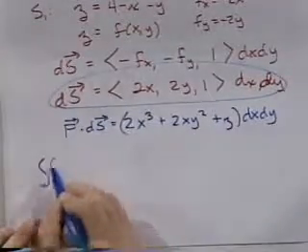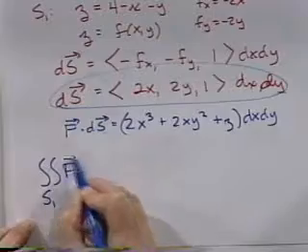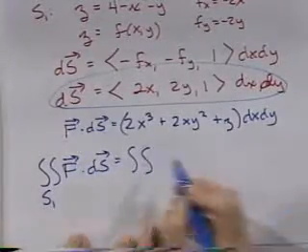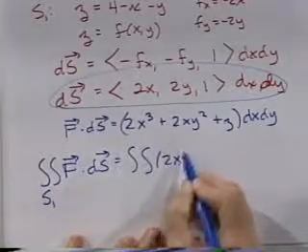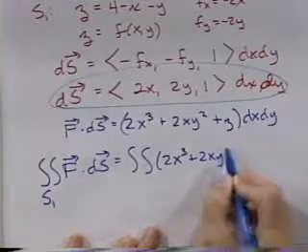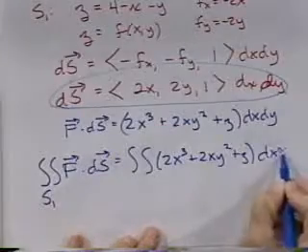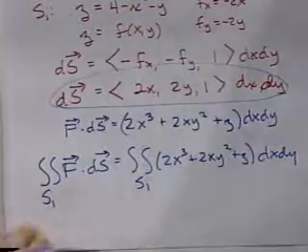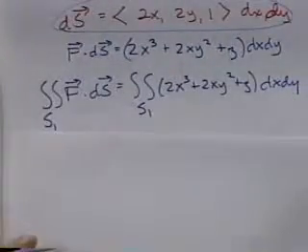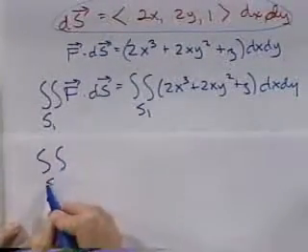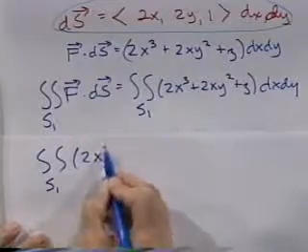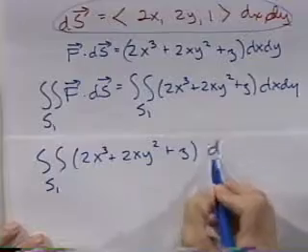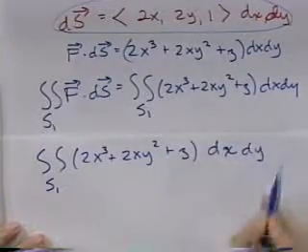So my integral for S1 of f dot ds is simply the double integral of 2x cubed plus 2xy squared plus z dx dy, where we're going over S1. So let me just copy that. I have the double integral over S1 of 2x cubed plus 2xy squared plus z dx dy.